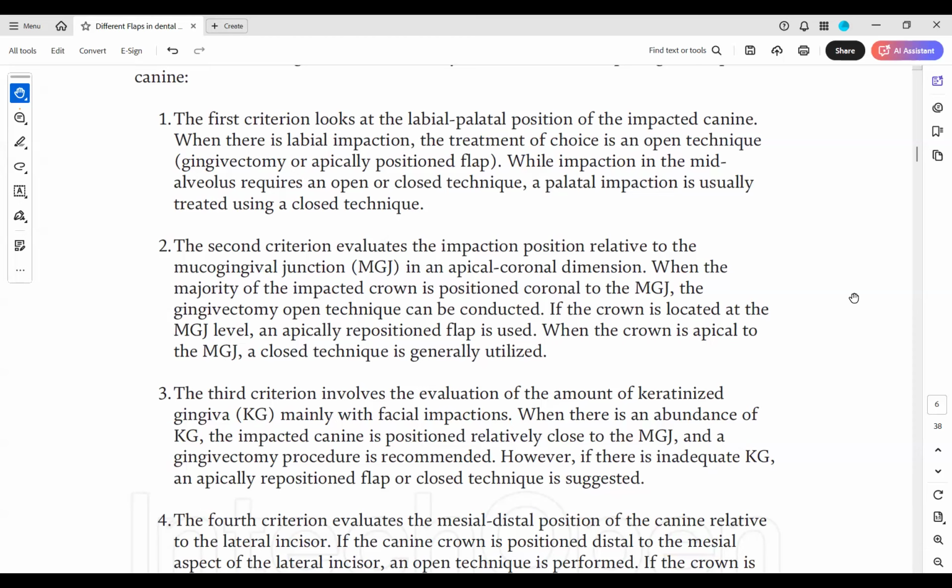Now, everyone, this is extremely new for some, other than if you are already an orthodontist, but it might be new for a lot of us here today. So please let me know if everything is getting clear to you. There are two very important surgical techniques to expose the impacted canine and then bring it into alignment. One is known as the open technique, the other is known as the closed technique, right?